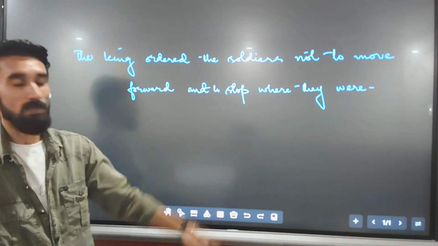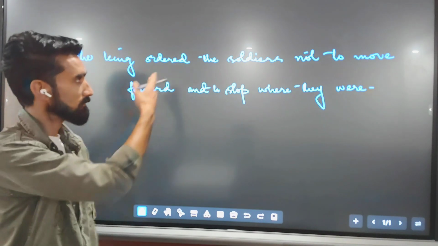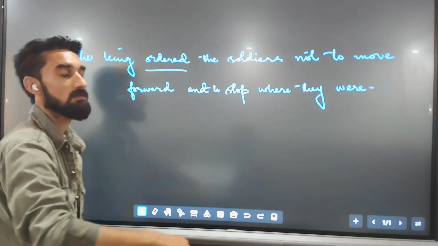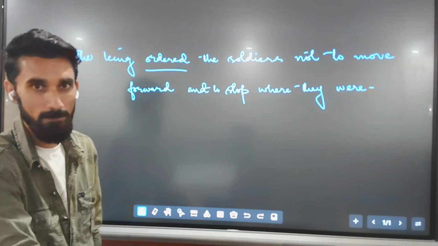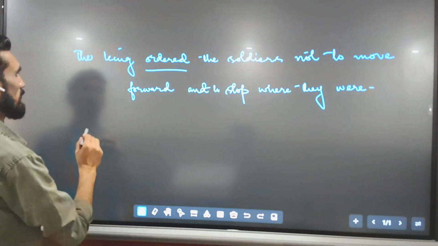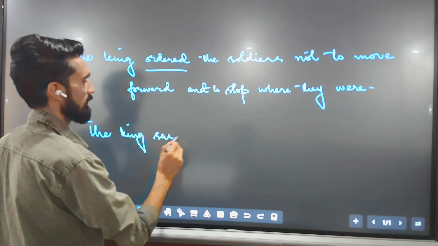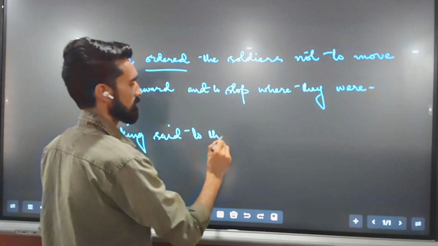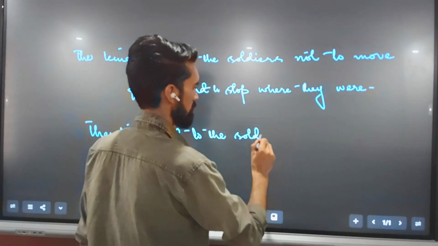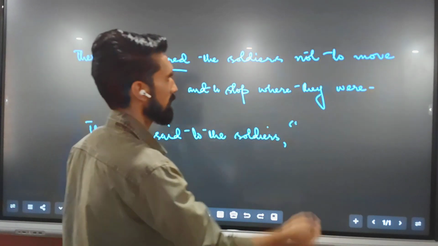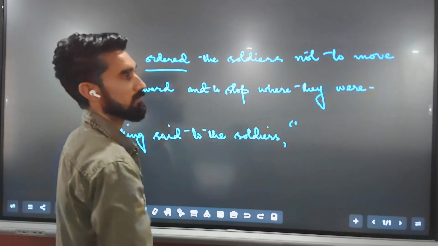So, it must be an imperative sentence because the reporting verb has been replaced with this word ordered here. So when you change it into the direct speech, it will be as, the king said to the soldiers, comma, an inverted comma is taken here, not to move.